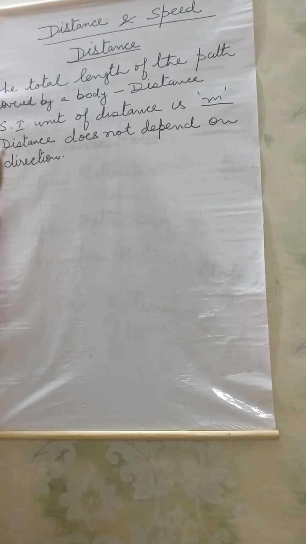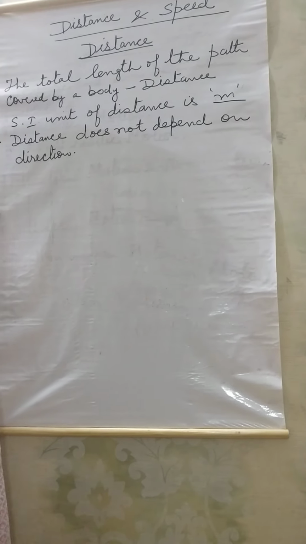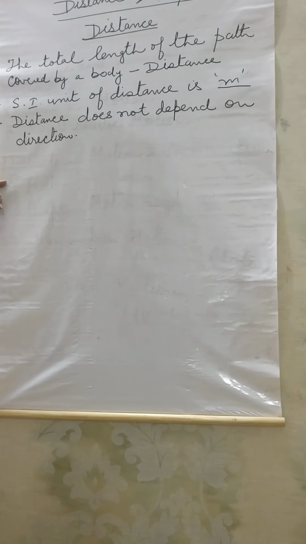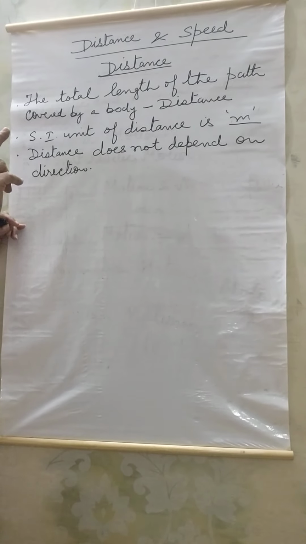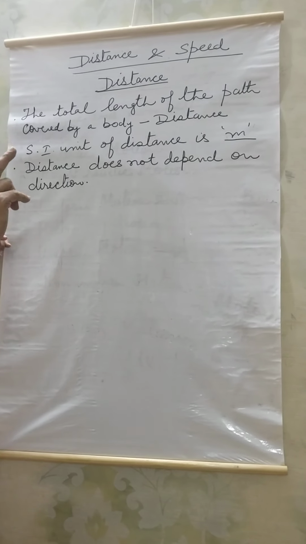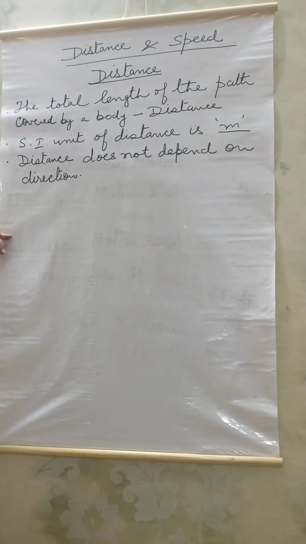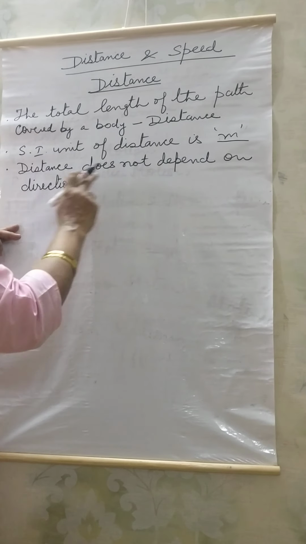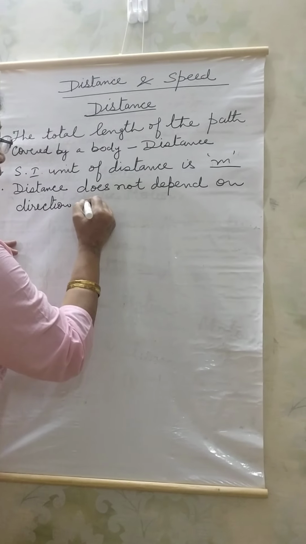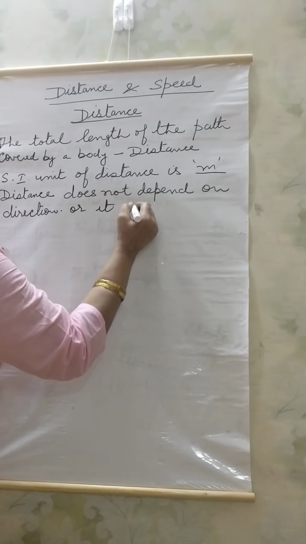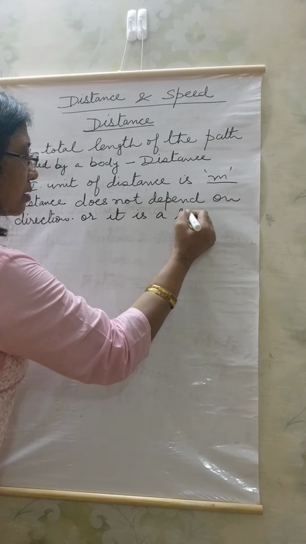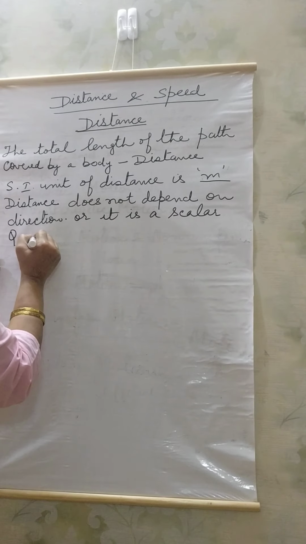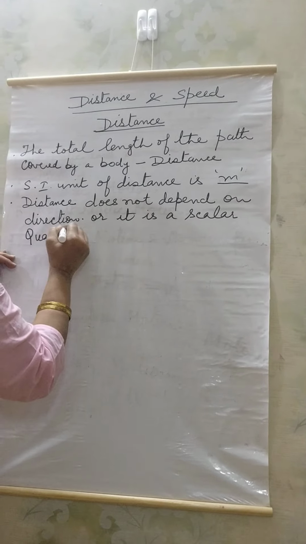And there is one quantity known as scalar quantity. Scalar quantity is a quantity which is measured in magnitude only. That means the number, and it doesn't depend upon the direction. So we say distance does not depend upon the direction, or it is a scalar quantity.